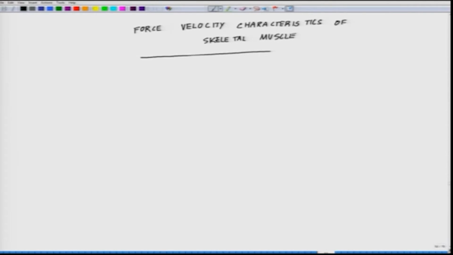If you look at the force velocity characteristics, which is essentially the force generated by a muscle against the resistance against which the muscle contracts.